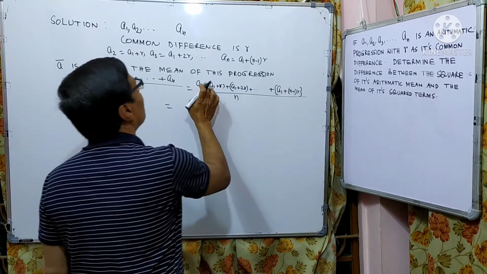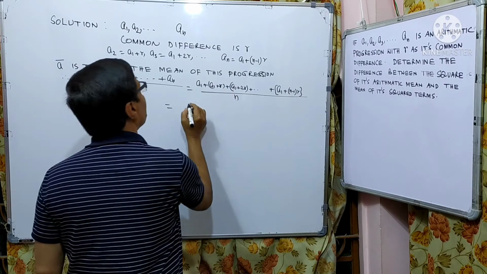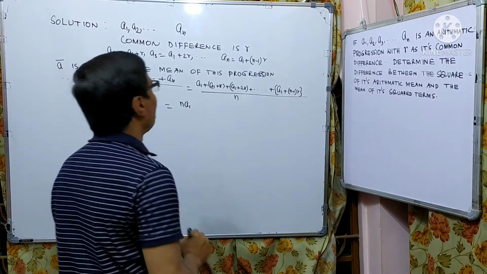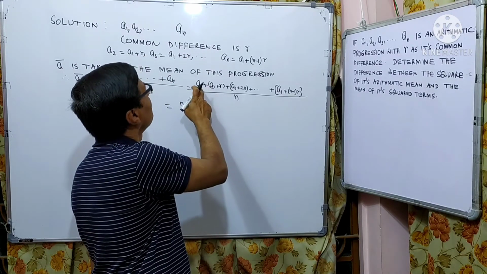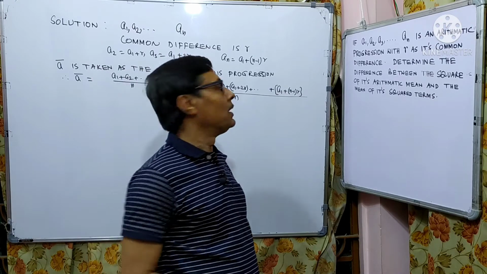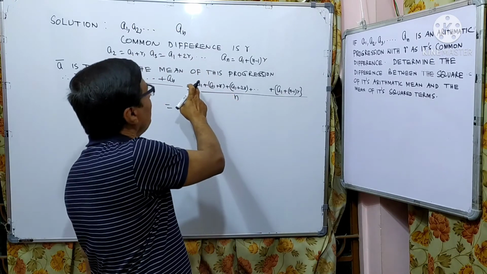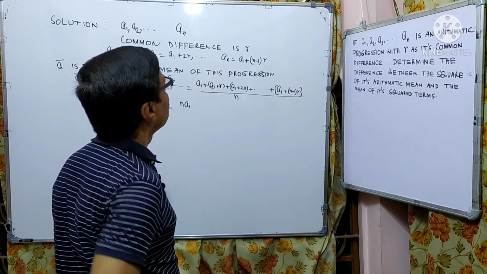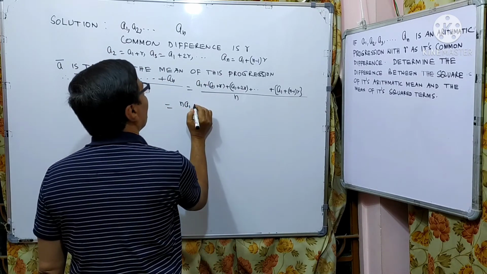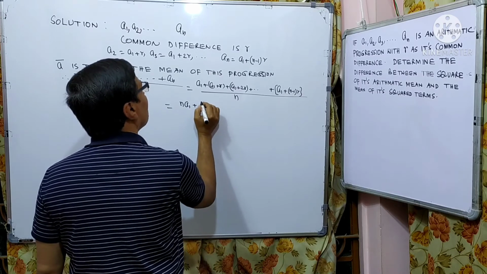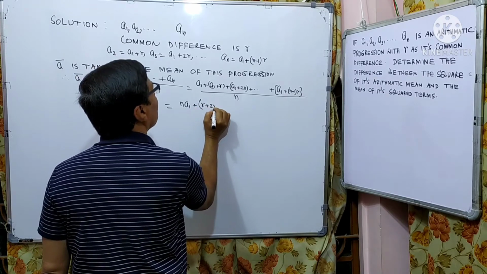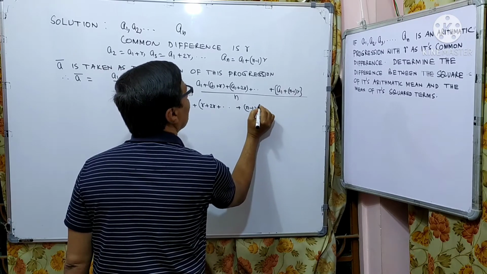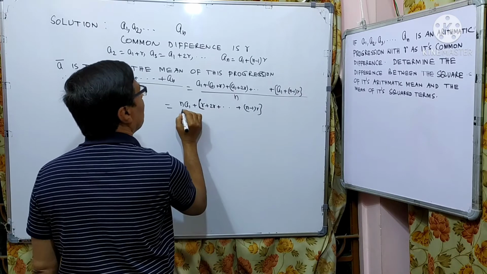So the summation of a1 is n a1, and plus r plus 2r plus ... n minus 1 into r, that is over n.